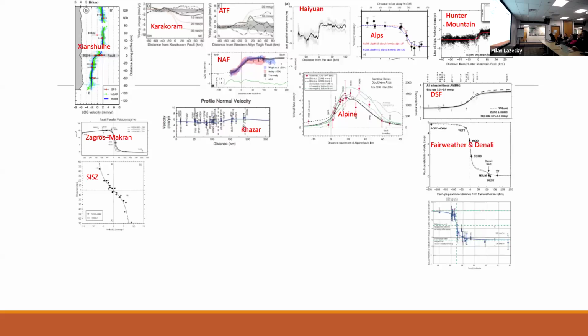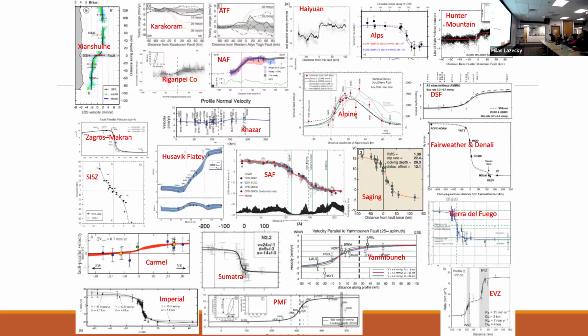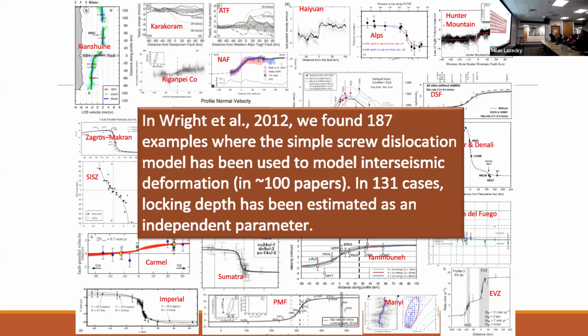And as I said, it's very simple and always starts simple. When we did this compilation of how this was applied to faults, looking for this bendy fence, it was actually applied across the world in almost 200 examples, in 100 papers, where it did well enough. And they were going for the slip rates, how fast the faults are moving, because that's your first concern.